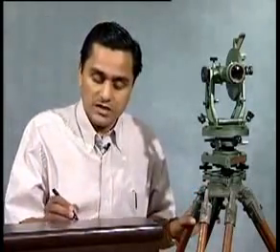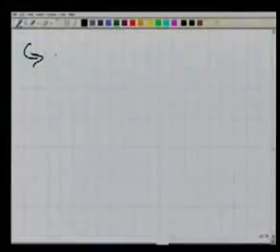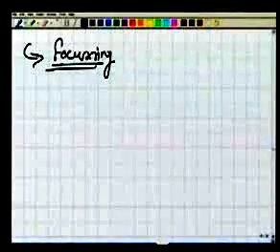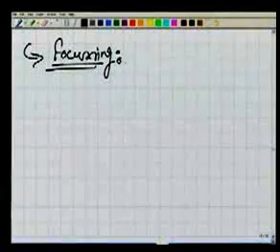Now having seen this, our next adjustments are related to the focusing. What have we achieved so far?